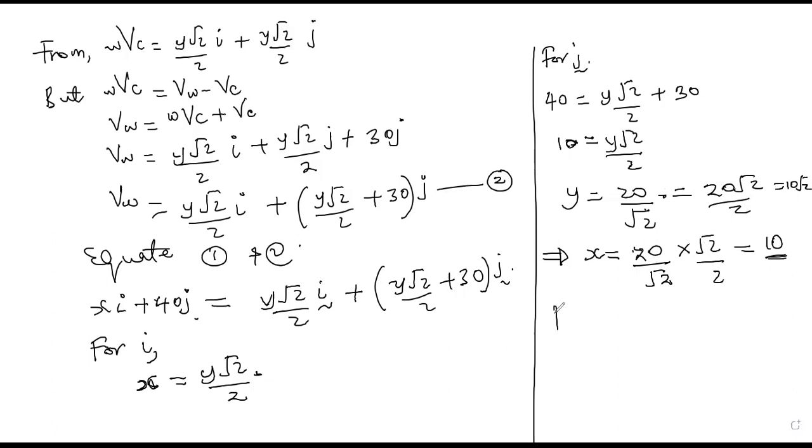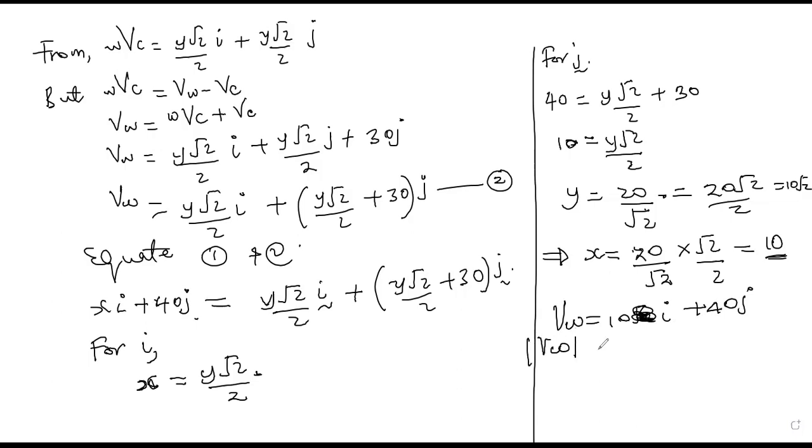So it means that the velocity of wind, oh no, it is xi plus 40j. So our x is 10. So it is 10i plus 40j.